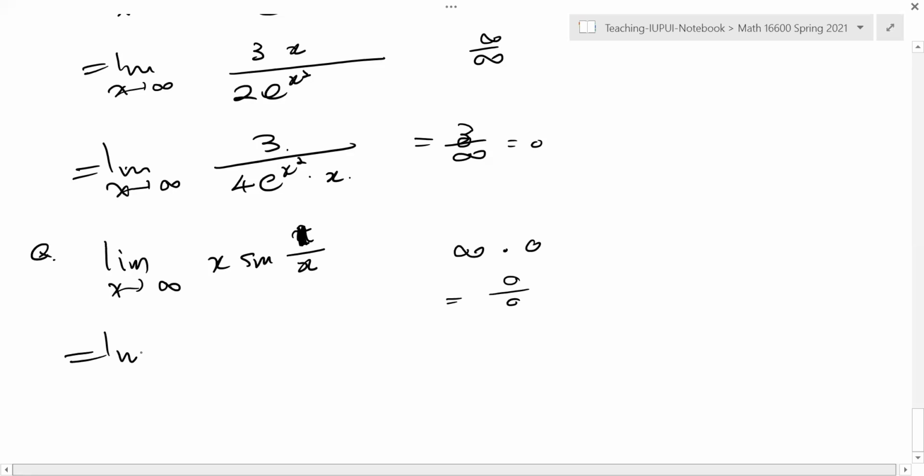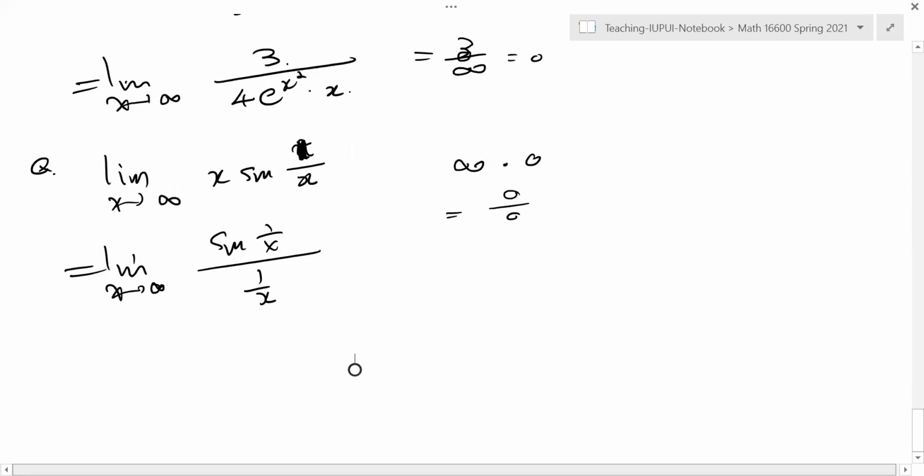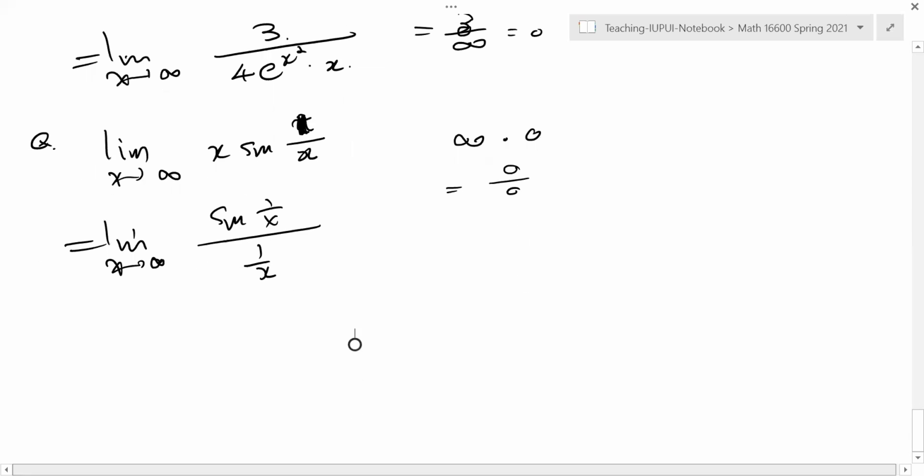Right, 1 over 1 over x is just x. Then it becomes a quotient. Now what are you going to do? You can apply L'Hopital's rule to solve the problem. You differentiate the numerator and denominator, because it's a 0 over 0 type: as x approaches infinity, 1 over x approaches 0, and sine of 1 over x approaches sine 0, which is 0.